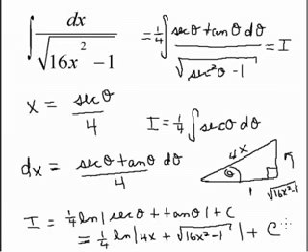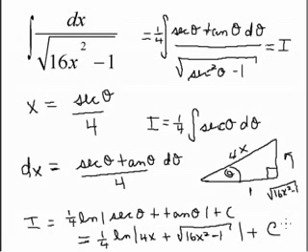Now here is another example. The integral of dx over the square root of 16x squared minus 1. In this case, we let x equal secant theta over 4. dx is secant theta tangent theta d theta over 4.